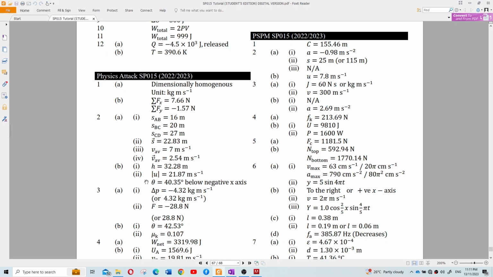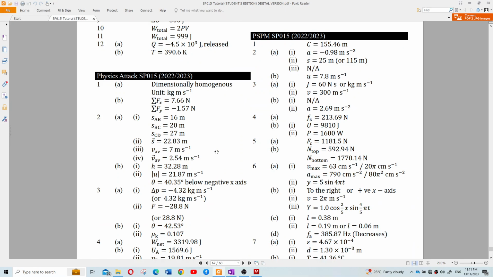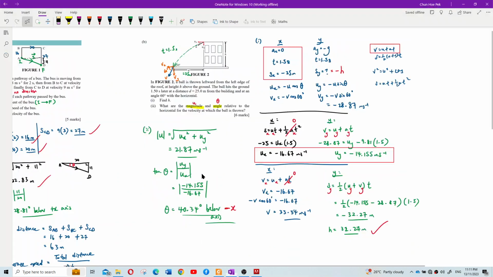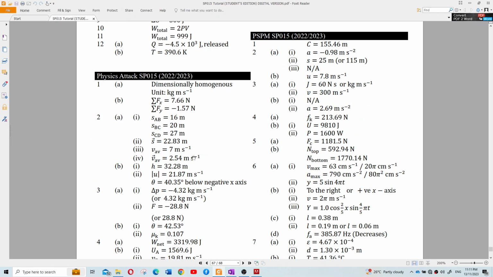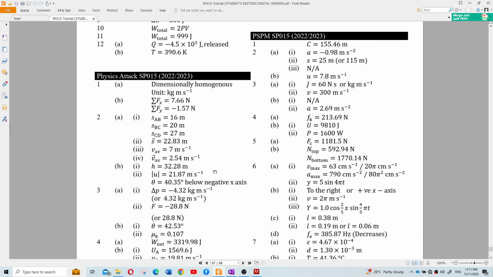So how about velocity? 21.87. Is it correct? Yeah, 21.87 meters per second. That's right.